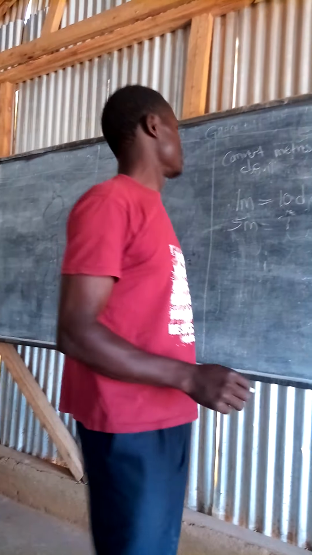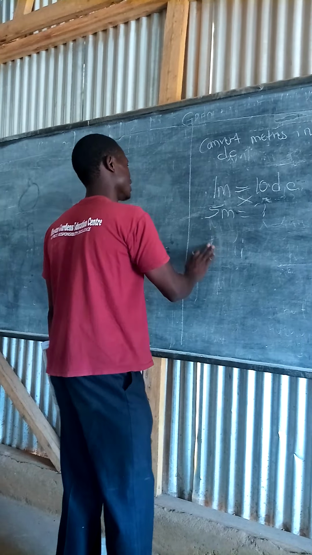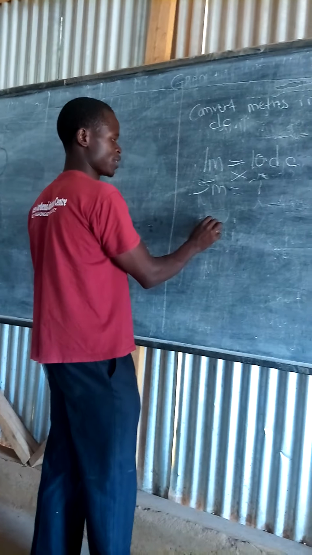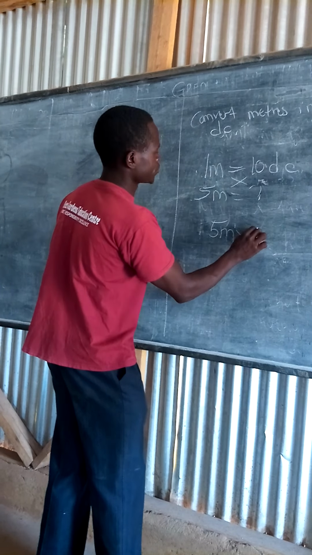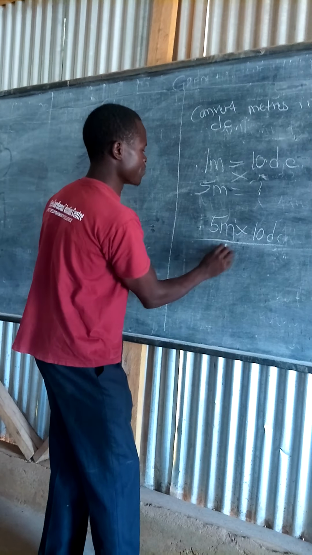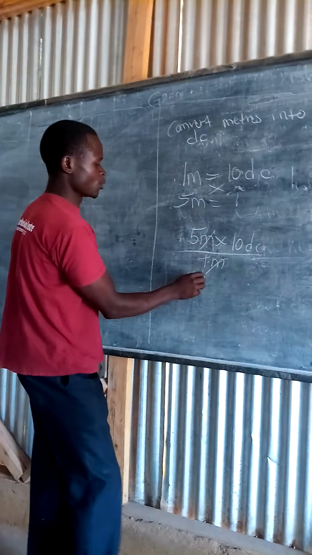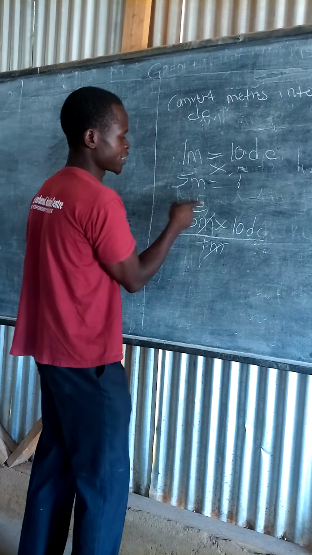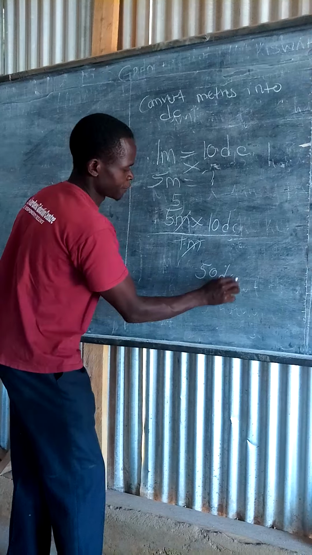That one is a direct proportion we'll use. If 1 meter is equal to this one, what about 5 meters? You will again cross multiply your equation. 5 meters multiplied by 10 decimeter divided by 1 meter. Meters will cancel. 1 into 1 is 1. 1 into 5 is 5. Then you take 5 times 10 decimeter, you will come up with 50 decimeter.